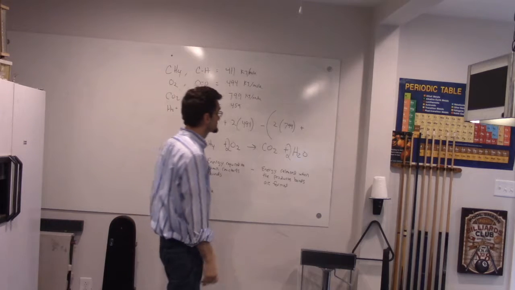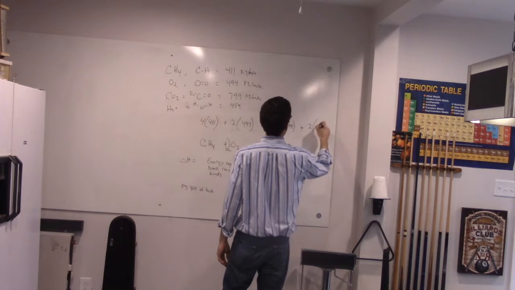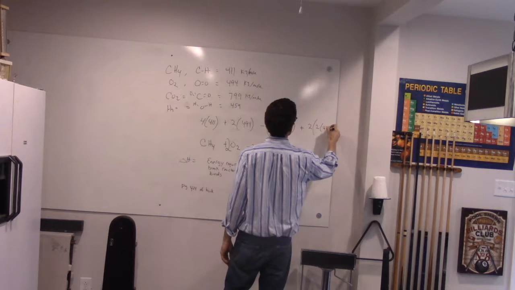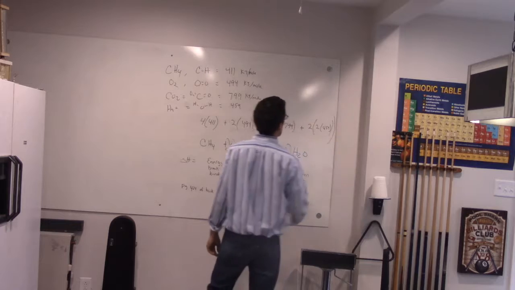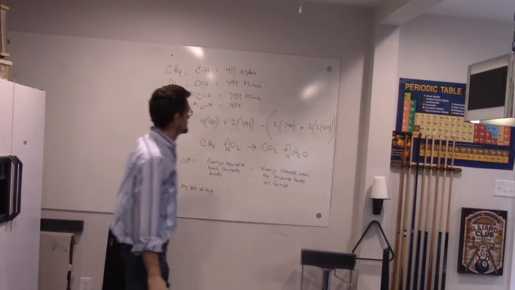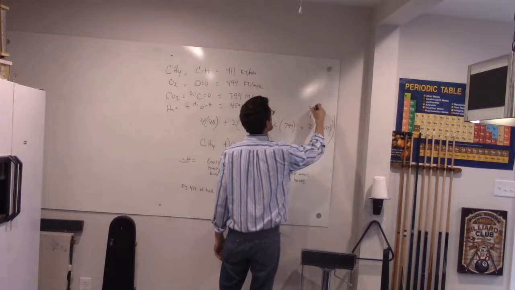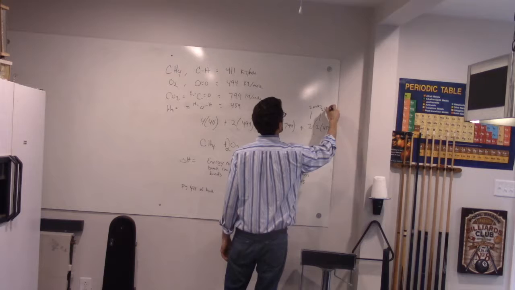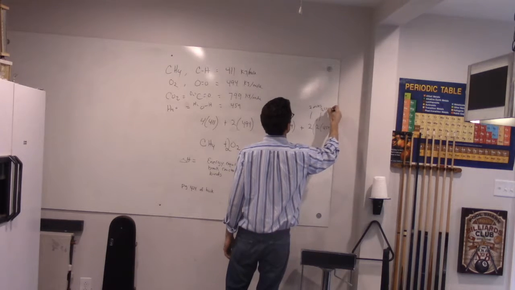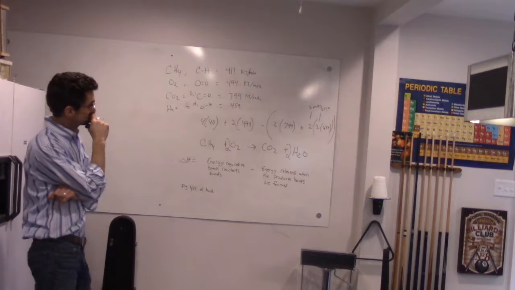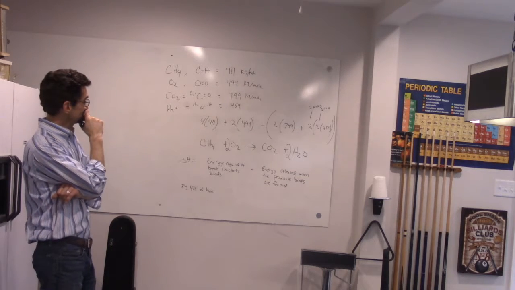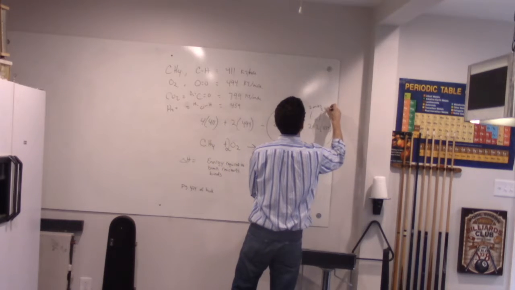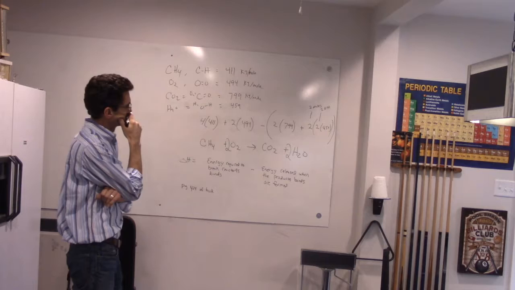So it's going to be 2 times 2 times 459. Because we have 2 moles. Those are OHs, I'm sorry. This is so much better than a one-to-one ratio.